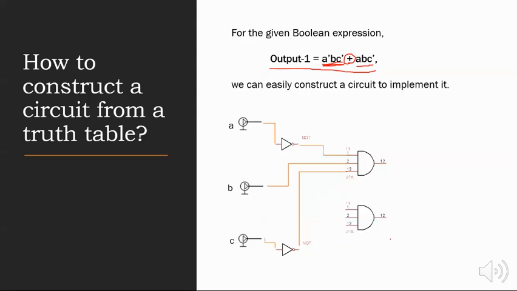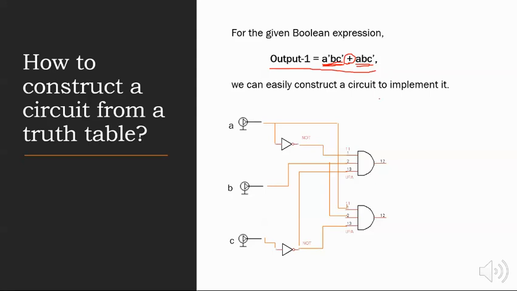For the second AND gate, we connect A to a pin, and then B to a pin, and then not C to a pin.